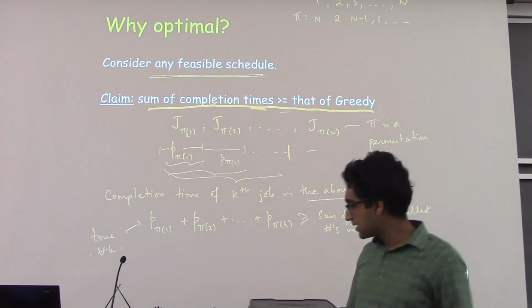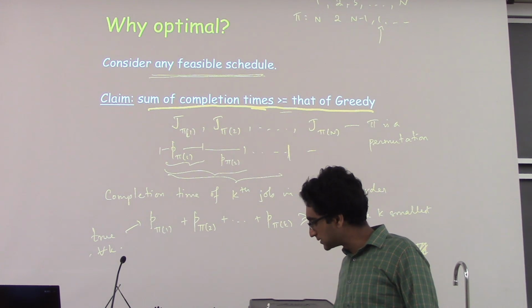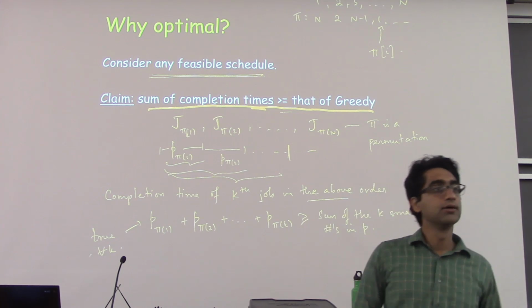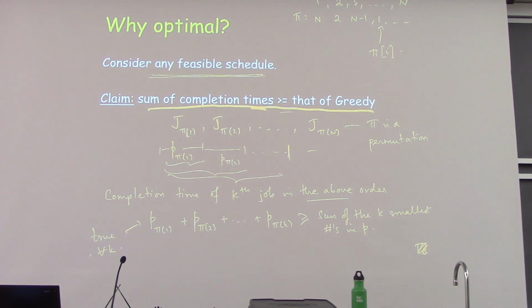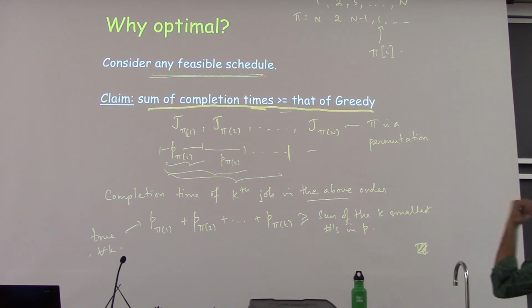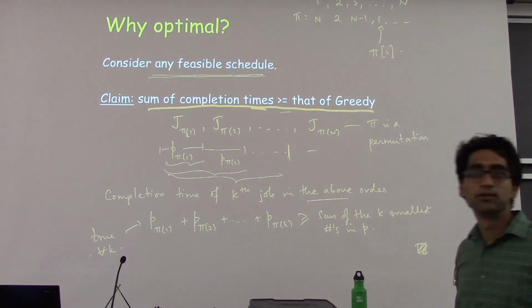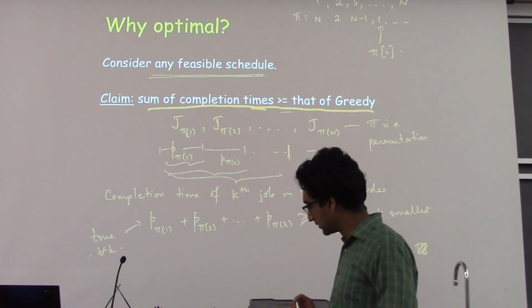And pi of i is the ith number in this permutation. So this is just a convenient notation. I want to say consider any ordering of these jobs. Mathematically the way to say this is to say consider any permutation and look at that order. So that's fine.